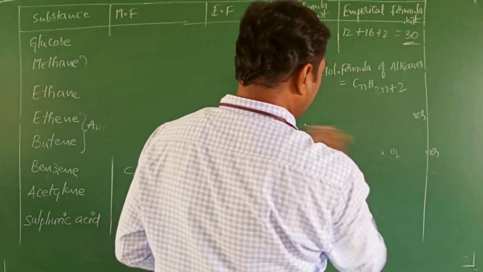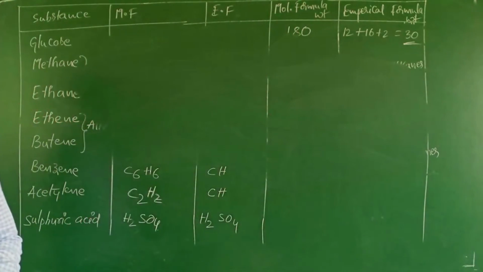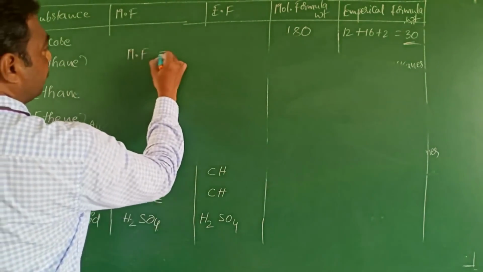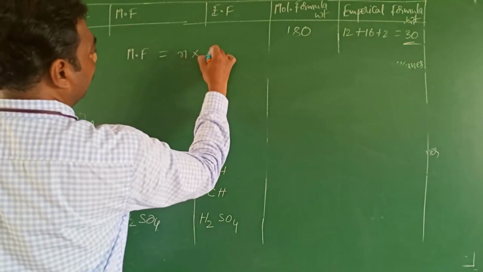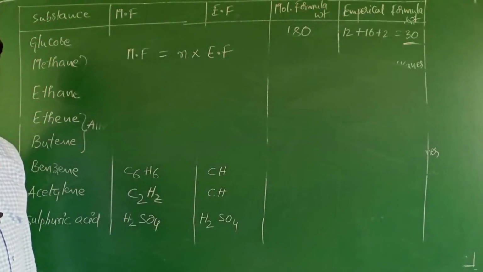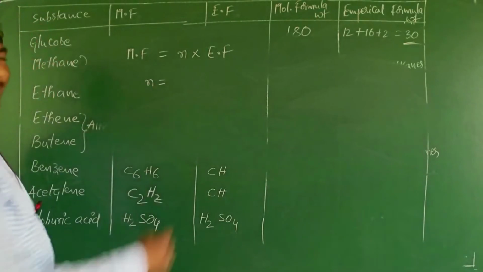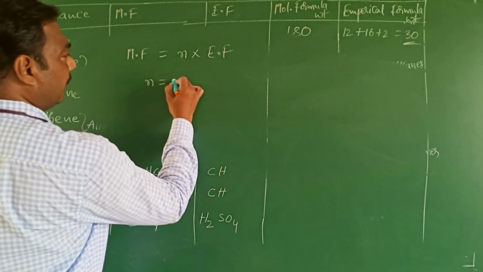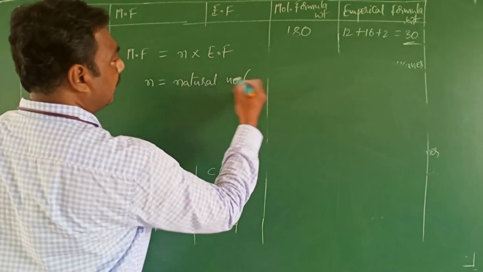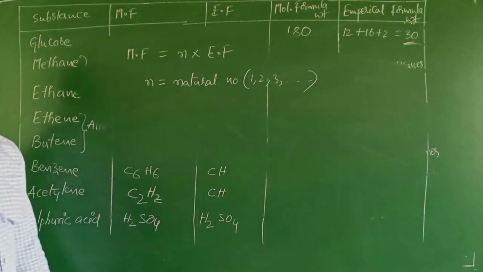We'll take the example of this benzene. Right, students? Now, molecular formula is equal to n into empirical formula, where n is nothing but a natural number or a whole number, that is 1, 2, 3 and so on.